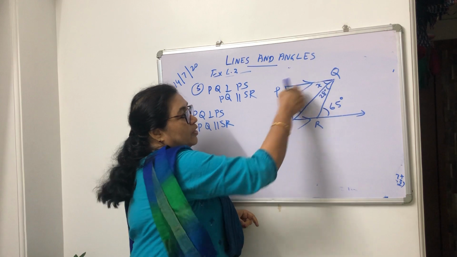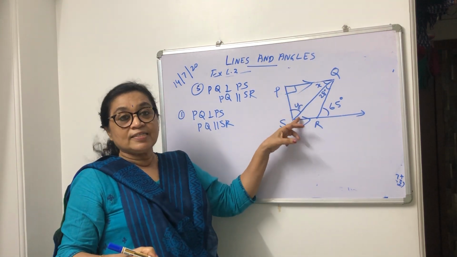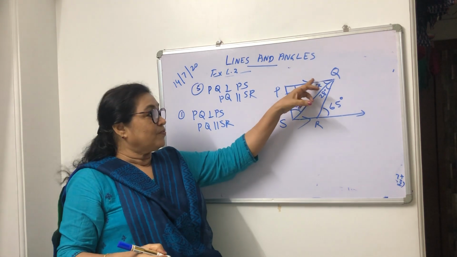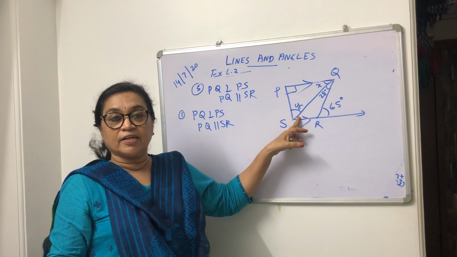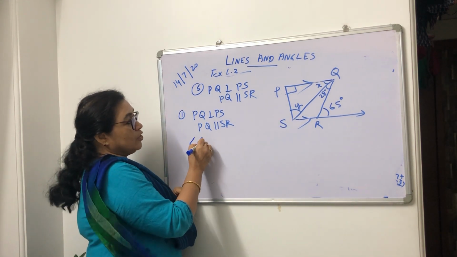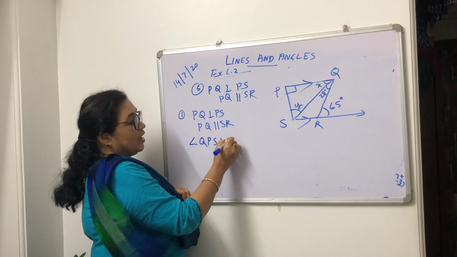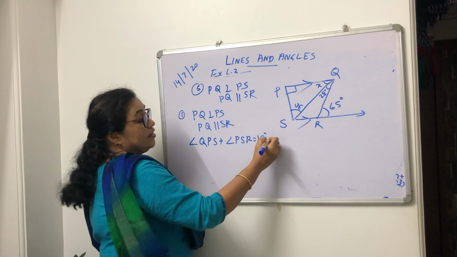So the sum of these two angles, the co-interior angles, is supplementary. Therefore, angle QPS plus angle PSR equals 180 degrees.